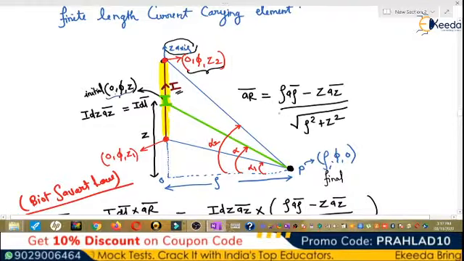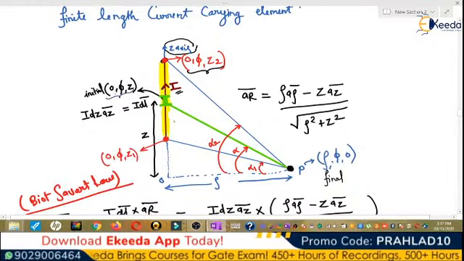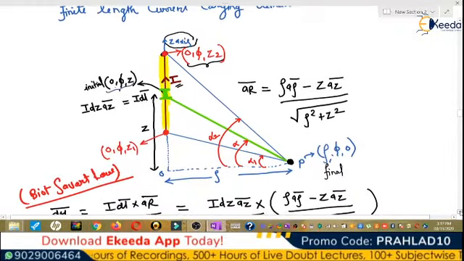So the value of AR vector is (rho a rho minus z az) by under root of rho square plus z square. This is the final point, and here is the initial point (0, phi, z). So (0, phi, z1) and (0, phi, z2) are the two extreme points of the current carrying element.